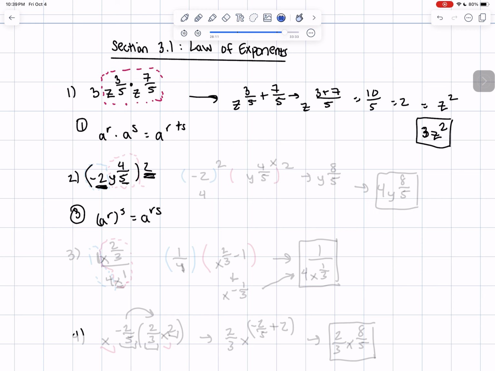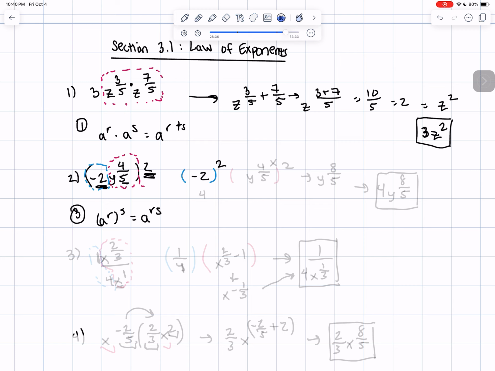So what I want to do, like we've always done, is separate this guy out, and I'm going to make the other guy separate as well. So let's make this one here. It's going to be negative 2. But remember that negative 2 is squared as well, because you have the whole parentheses squared.